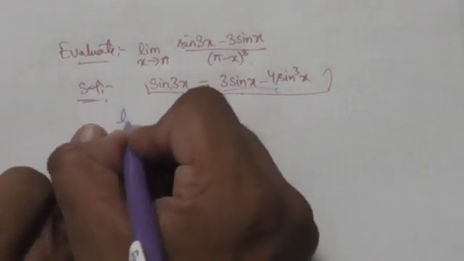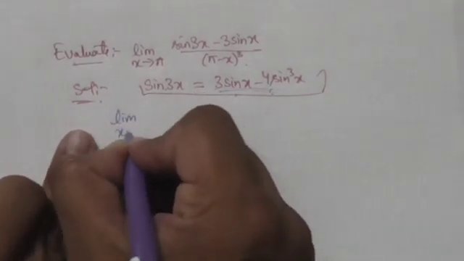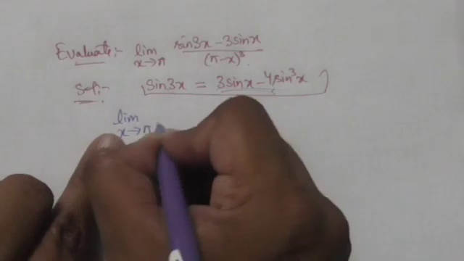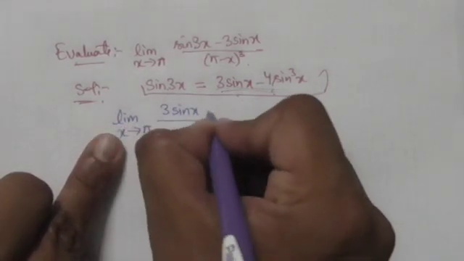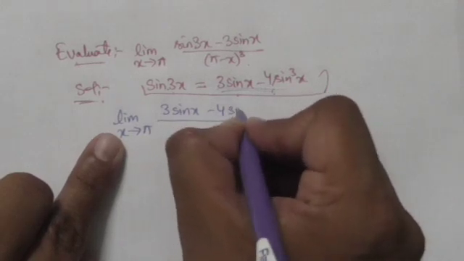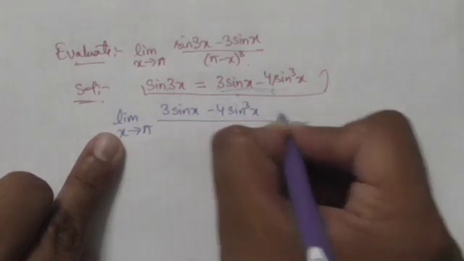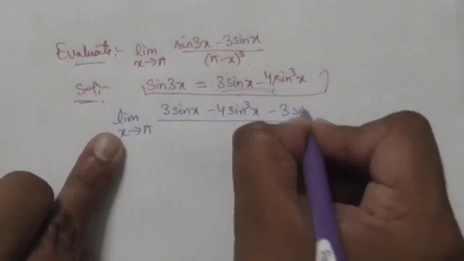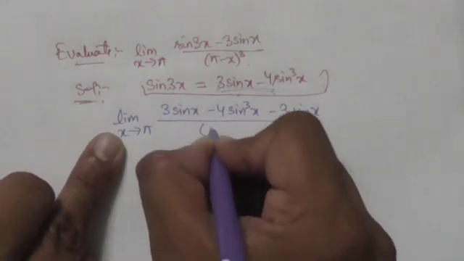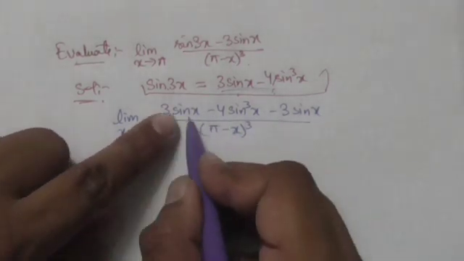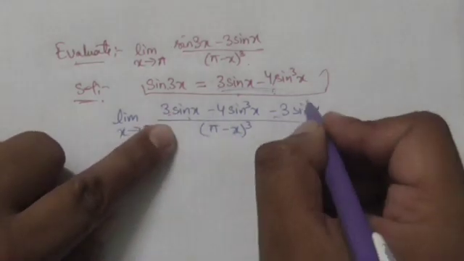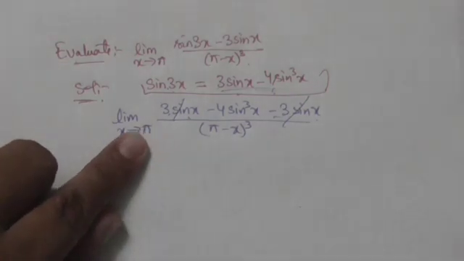So we will get 3 sin x minus 3 sin x, it is 0, so they will cancel each other.